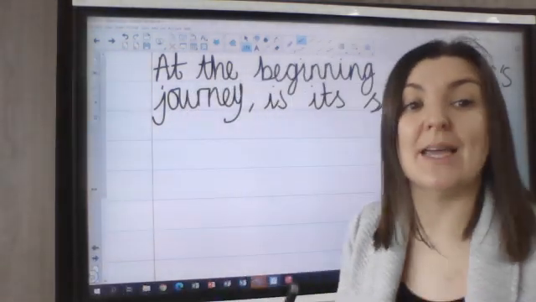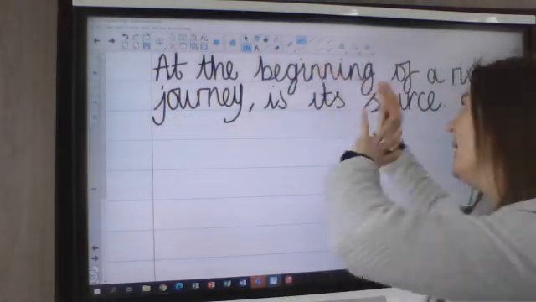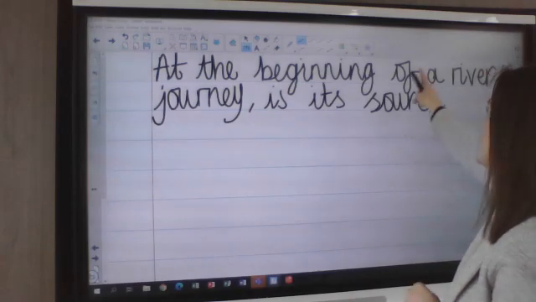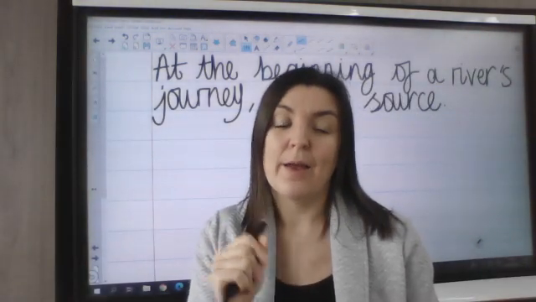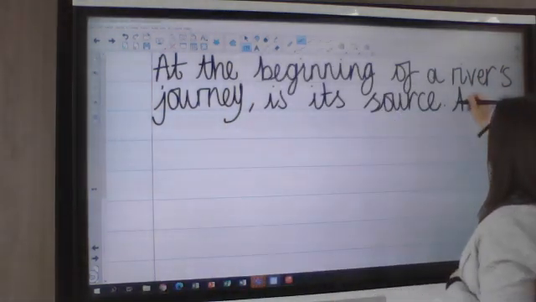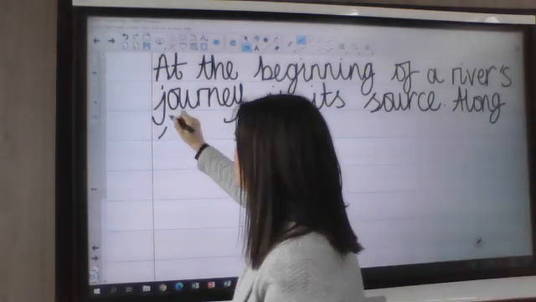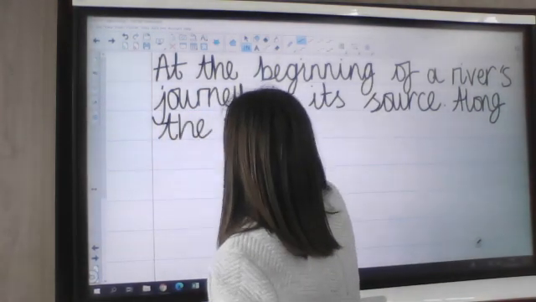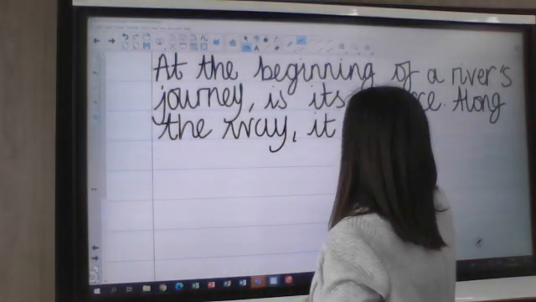Okay, so I've started with something that indicates time. So the beginning. So at the beginning of a river's journey is its source. And there's my technical word that I have spelled correctly. Okay, so I'm going to, along the way, so again, I'm thinking about how I'm starting my sentences. It will be joined.